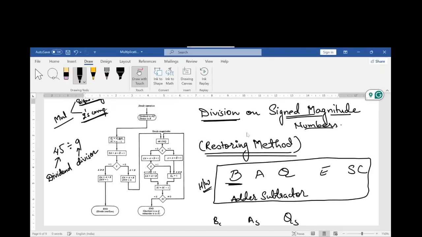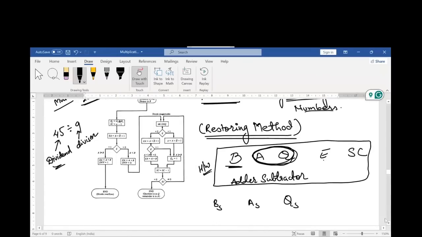As per this algorithm, we'll be storing our divisor, that is 9, in B, and in A and Q together, in two registers together, we'll be storing our dividend, that is 45. Is that clear? Apart from these three registers, we have E, our flip-flop, SC, the sequence counter, and the complementer and adder, which we'll be using for addition and subtraction.